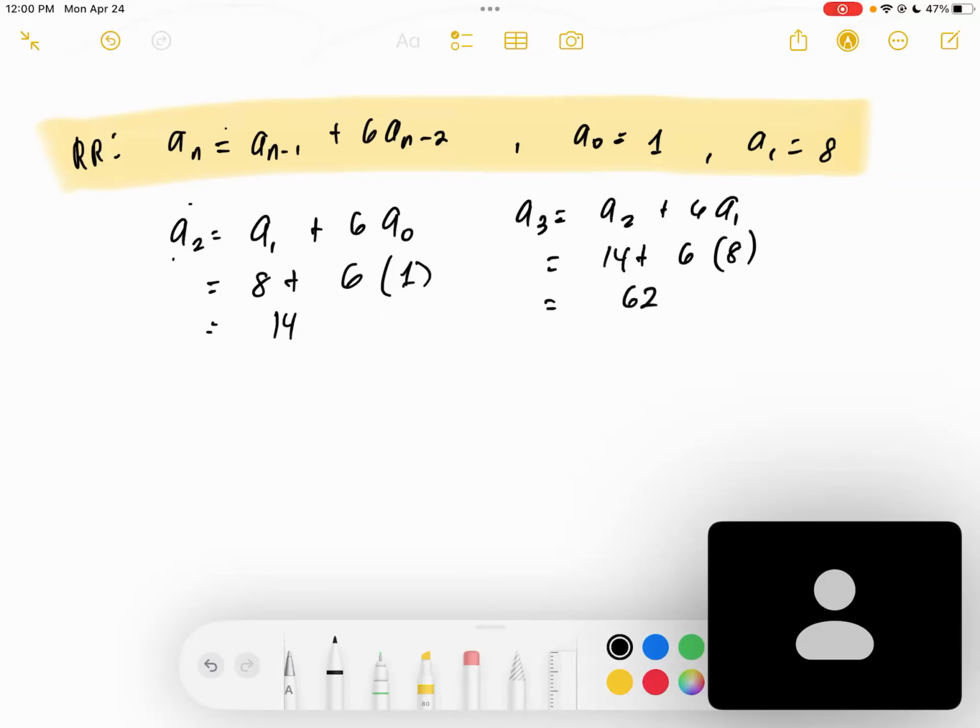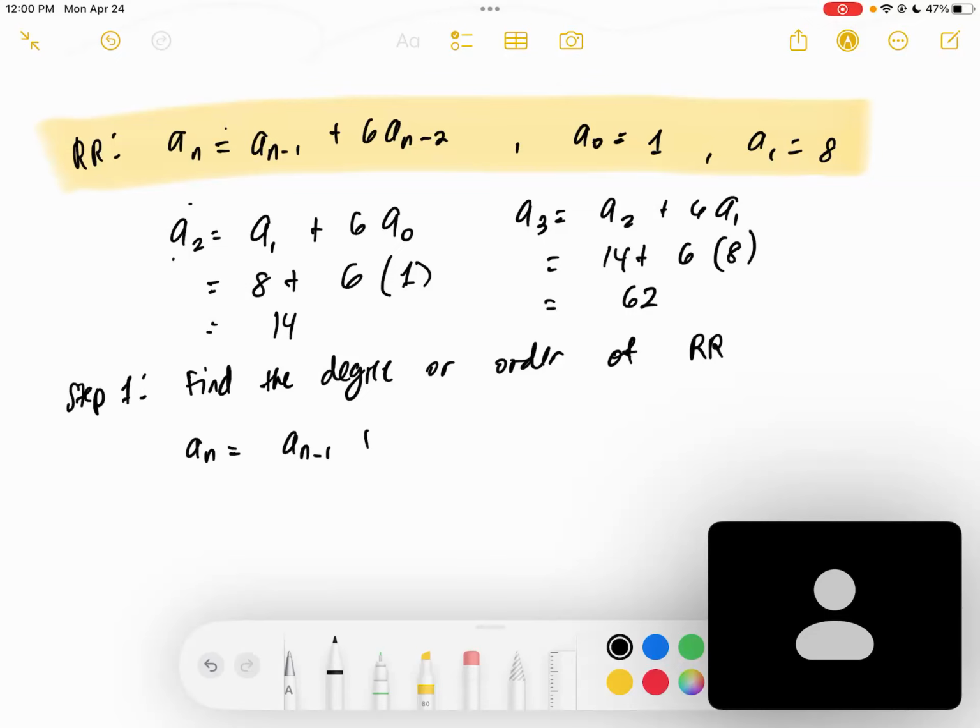Now, what is the degree? Step 1 is to find the degree or order of the recurrence relation. a sub n is defined by its two terms, a sub n minus 1 plus 6 a sub n minus 2. So these two terms.